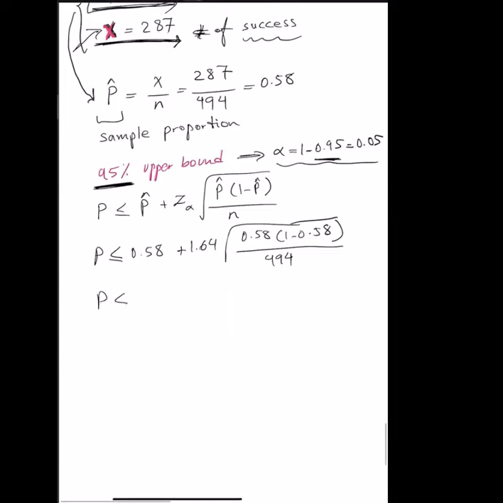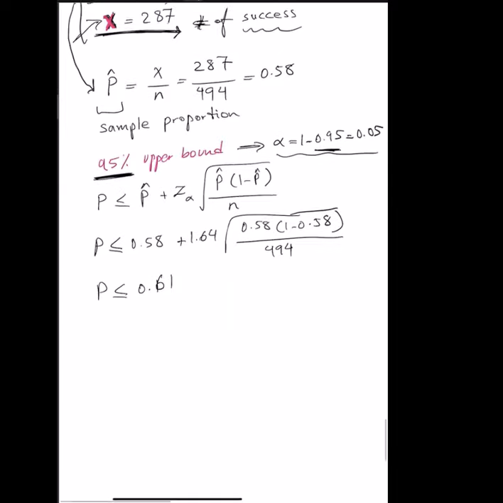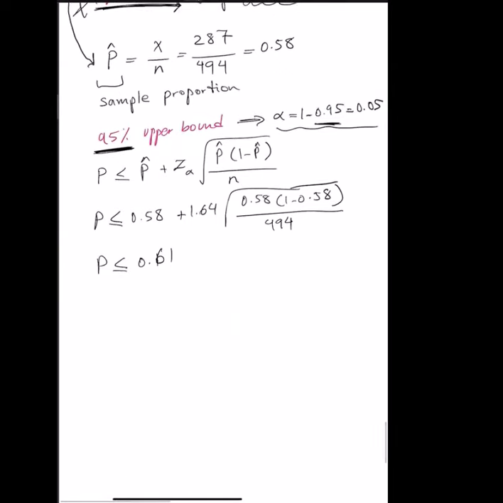And that's going to be less than or equal to 0.61. Okay. Sorry, there was a formulas like PV is equal to 2P of Tn minus 1 greater than T0 for two-sided, or if it's one-sided, it's PV is equal to P Tn minus 1 greater than T0.